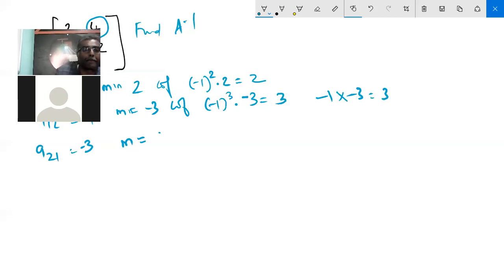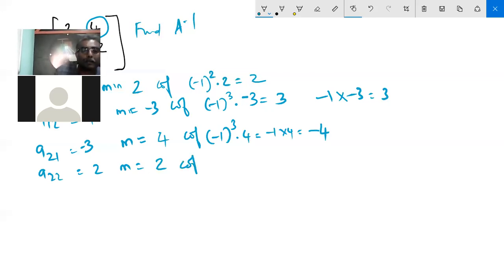It is correct, my bad. Next one, a of 2,1 is -3, its minor is 4 and the cofactor is -4. Yes. Next is 2, its minor is 2, and the cofactor is -1 to the power of 4 into 2, which is 2. Very good.